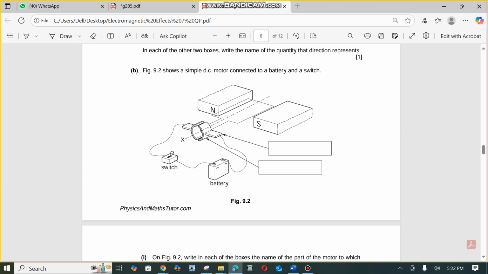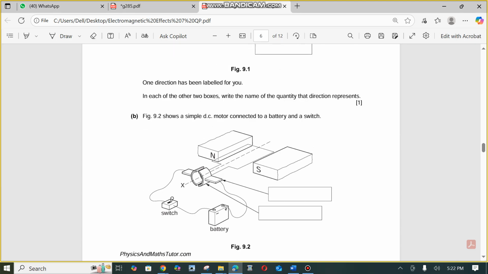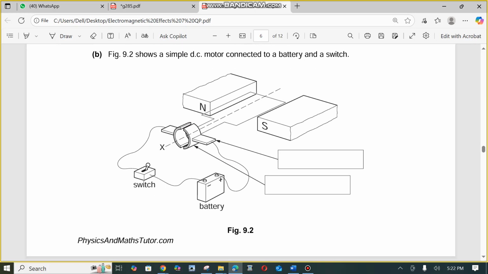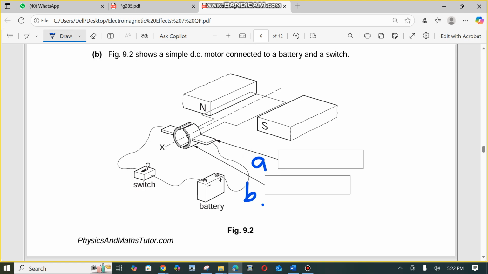So let's move to the next question of a DC motor. Here we go. You have to label these parts. Can someone label part A and then label part B as well, please? Is part A carbon fibers? Part A is what?